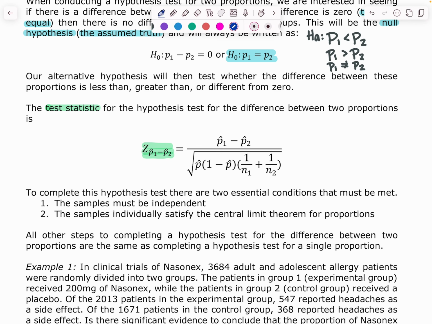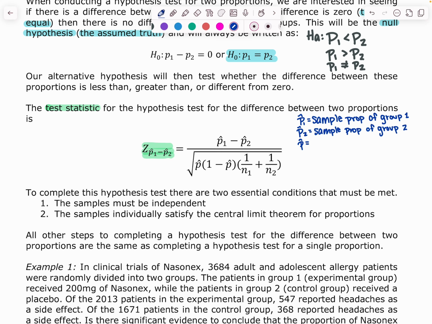So some reminders. P1 hat is the sample proportion of group 1. P2 hat is the sample proportion of group 2.